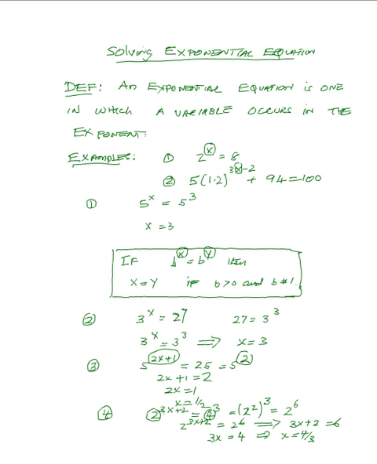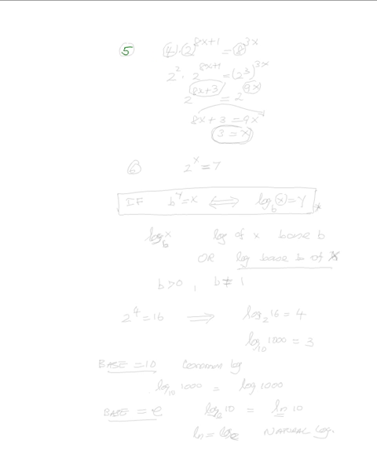Now let's think about another example. Let me call that example 5. We have 4 times 2 to the power 8x plus 1 equals 8 to the power 3x. If you look at these bases, we have 4, 2 and 8, so we can think about a common base.